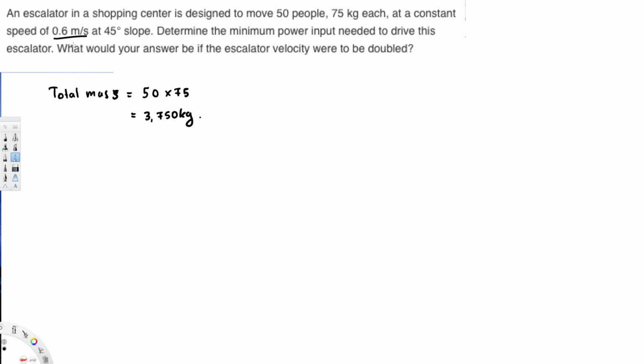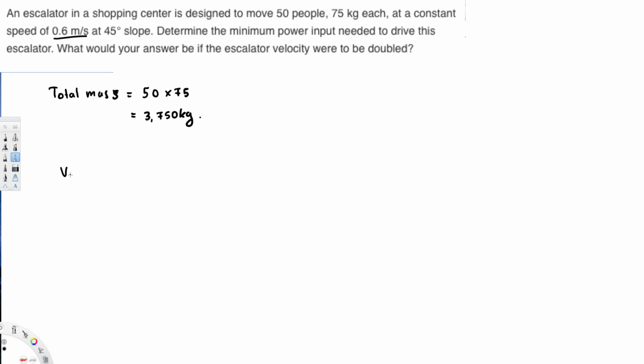And also here we have 0.6 meters per second, 45-degree slope. So we have to find the vertical component because we are dealing with energy, and this is going to have potential energy, right? To find the vertical component of this speed, we can use sine 45.